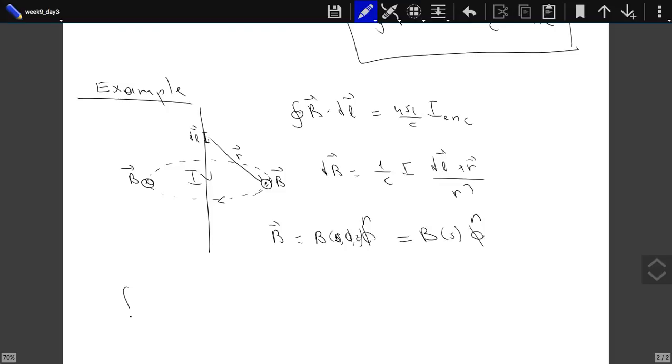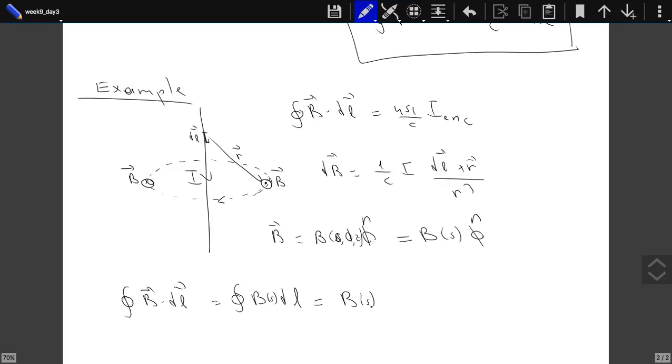So I can integrate B dot dl now. dl is also in the phi hat direction. So this is nothing but B times dl. Around this circle, s is constant. So B(s) is a constant, and I can take it out.